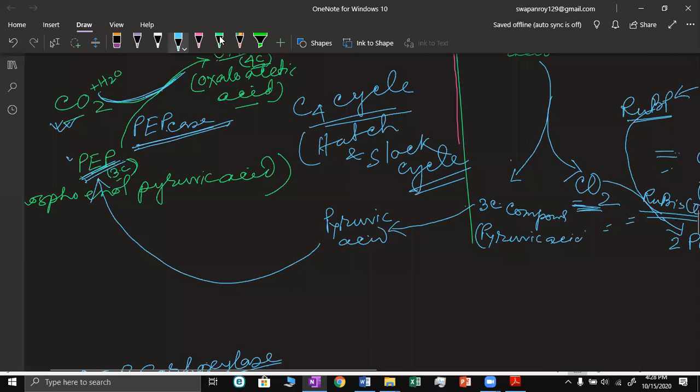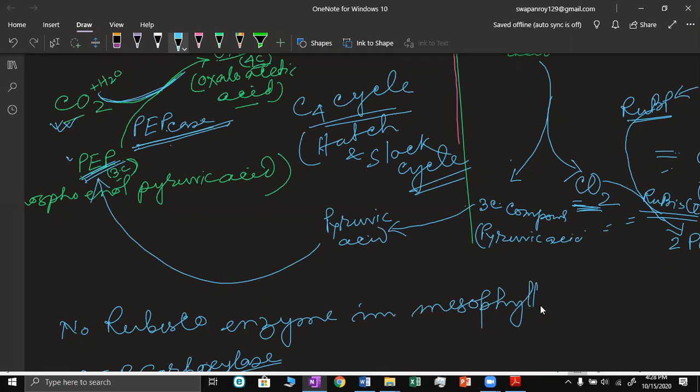In the mesophyll cell chloroplast, there is no Rubisco enzyme. As there is no Rubisco here, it will not absorb oxygen either.